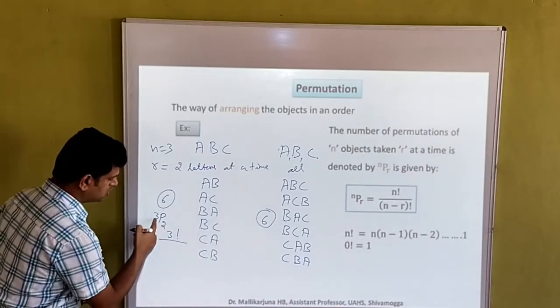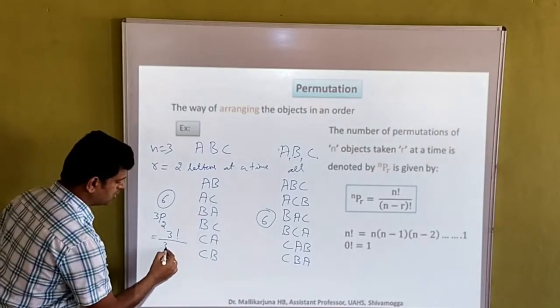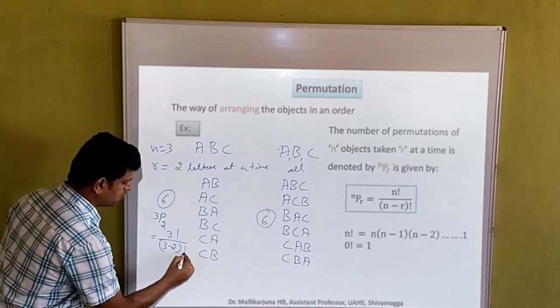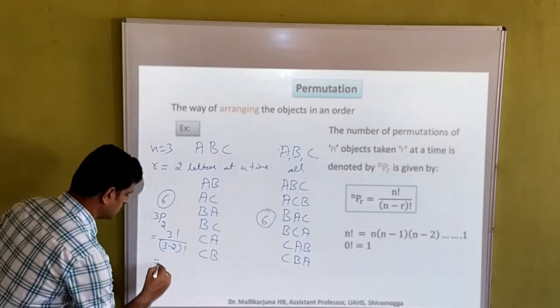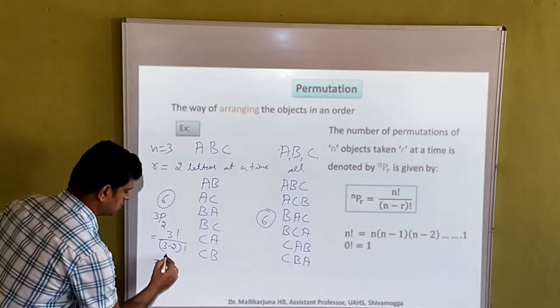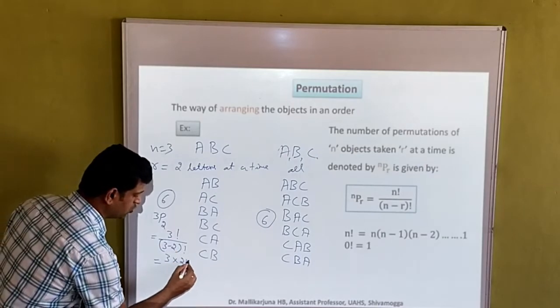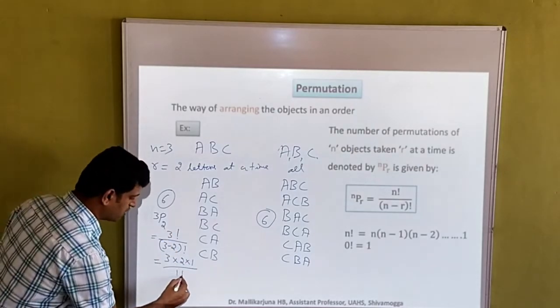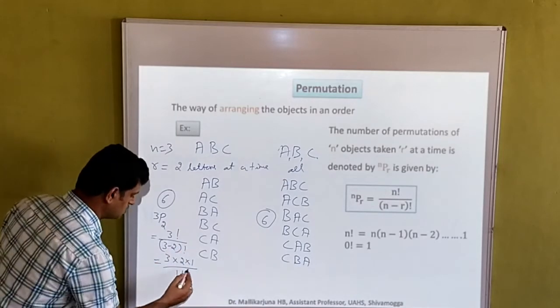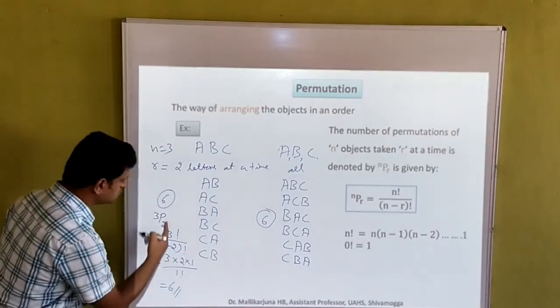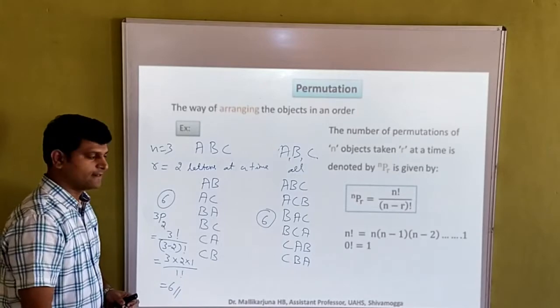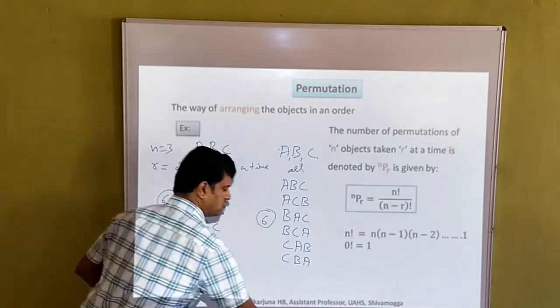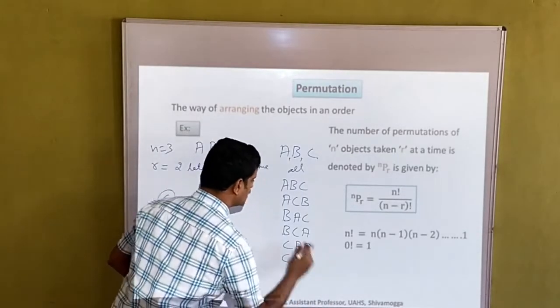So this is 3 minus 2, n minus r factorial. 3 factorial means 3 into 2 into 1, all divided by 3 minus 2, which is 1 factorial, nothing but 1. So the final answer is 6. So the total arrangement is 6.